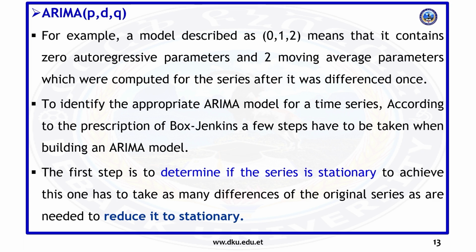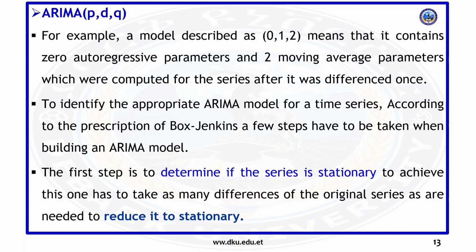That's the autoregressive order P, and P is 0. It has 2 moving average parameters, which capture the influence of the last 2 errors or shocks. And the series was differenced once to make it stationary before fitting the model.